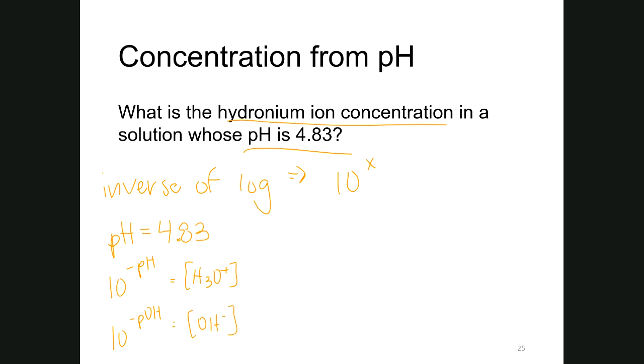We have to use negative pH or negative pOH because we're doing a negative log, so we have to account for that. So to find our H3O plus here, we would do 10 raised to the negative 4.83. When you plug that into your calculator, you should get 1.48 times 10 to the negative 5 molar.